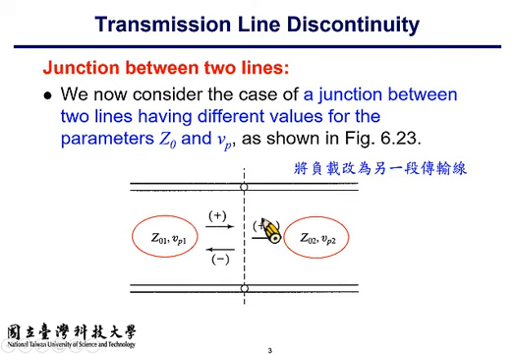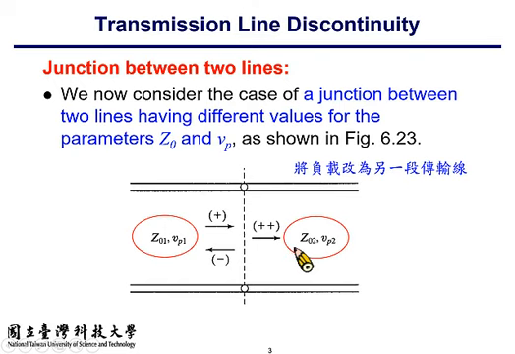Of course, because the characteristic impedance of the two lines are different, the incident wave, this arrow that represents the so-called incident signal, arrives at the junction, that is the interface between the two kinds of transmission line.